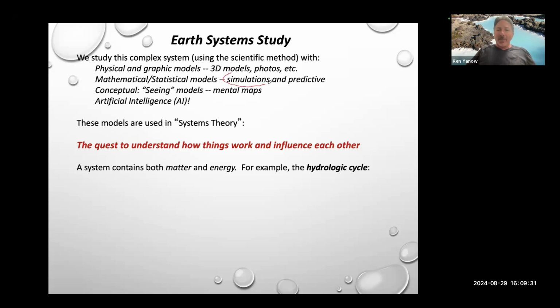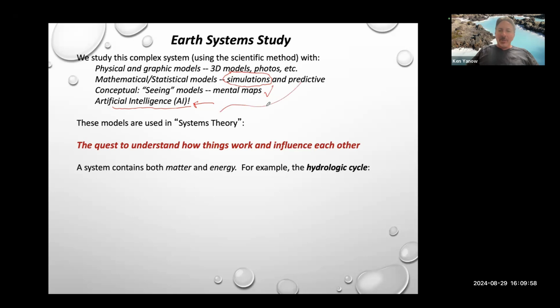A lot of that's going to have to do with formulaic simulations, and I'll talk about that in a little bit. Conceptual models, seeing models, mental maps becomes a big tool in our physical geography understanding. And as I mentioned, today, AI is becoming an absolutely huge resource in how we study complex systems. It really is quite impressive.